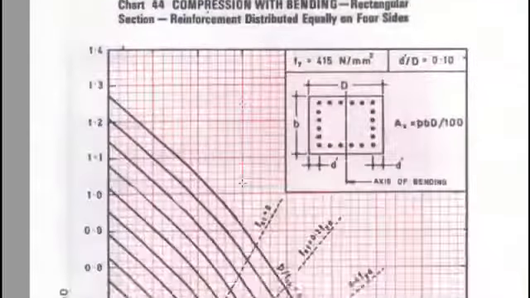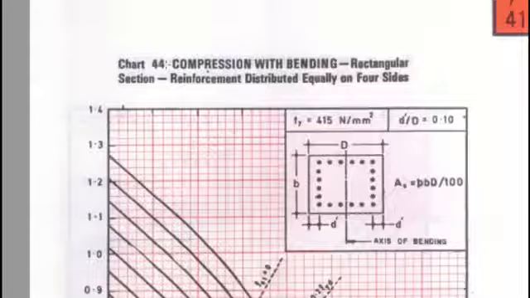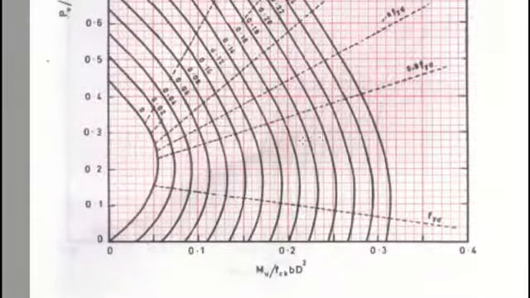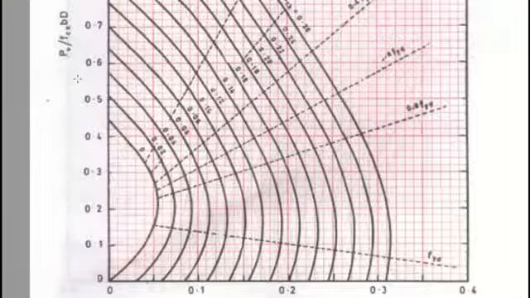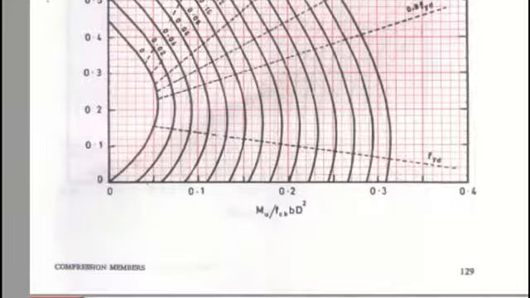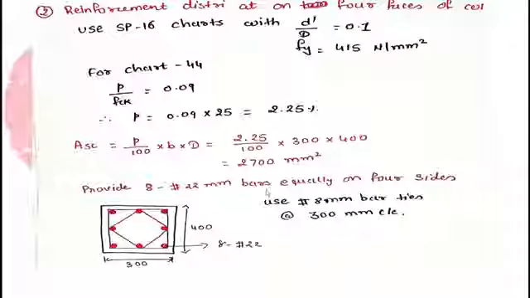Now let's go further. Definitely yes. Chart number 44, FY 415 Newton per mm square, and d dash by d we are using 0.1. Fine. We have these two values, Mu upon FCK BD square and PU upon FCK BD. Right. So with this procedure we can determine P upon FCK from the inside curve as 0.09.